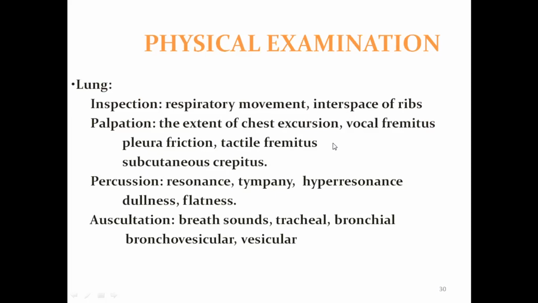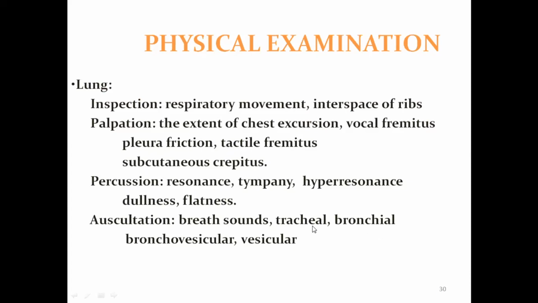I am leaving all this because when we study the respiratory system and lung examination, I will explain all this to you. Percussion: you already have a little bit of idea about resonance, tympany, hyperresonance, dullness, flatness, all this. And then auscultation: you have to check for breath sounds, tracheal deviation.